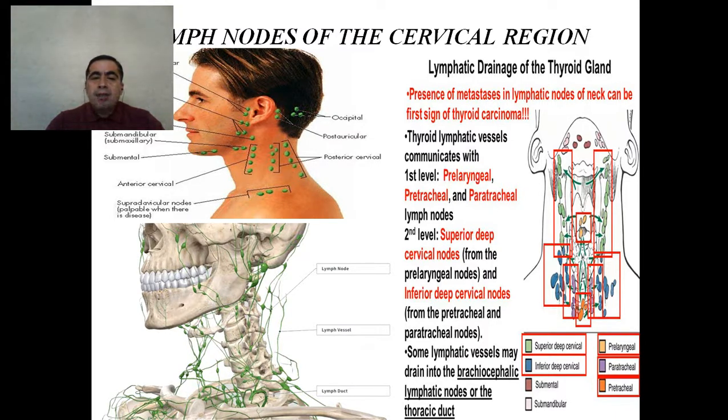At the second level, superior deep cervical nodes from the prelaryngeal nodes, and inferior deep cervical nodes from the pretracheal and paratracheal nodes. Some lymphatic vessels may drain into the brachiocephalic lymph nodes or directly into the thoracic duct, which of course increases the risk to life.